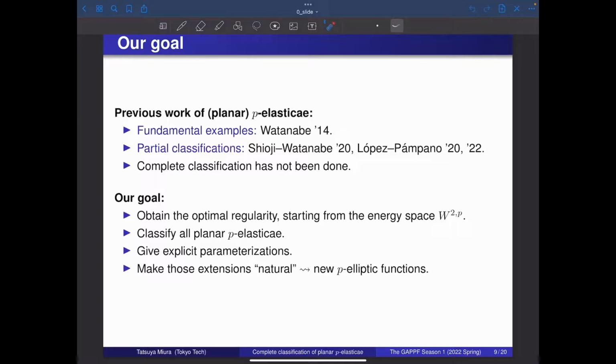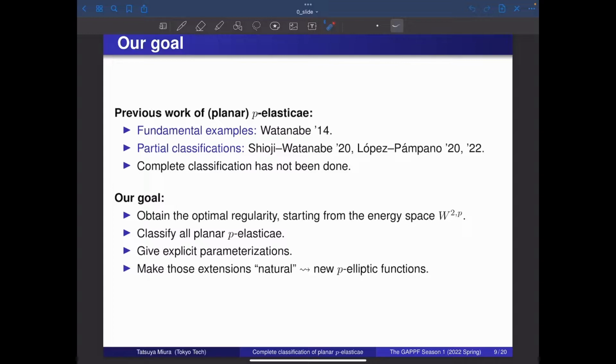More precisely, we want to first obtain the optimal regularity of p-elasticae, starting from the natural energy space, the Sobolev W^{2,p} class. And also we want to classify all planar p-elasticae. As we have already observed, there is a family of flat core solutions, at least in the degenerate case, and the flat core solutions have a strong non-uniqueness property.